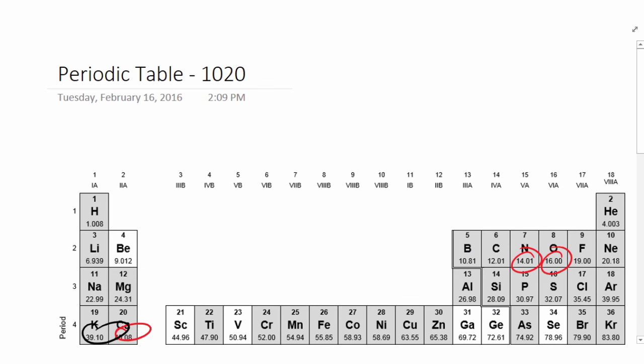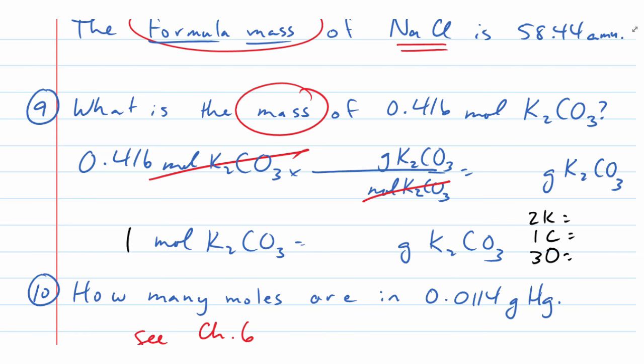And then we simply multiply these out based on their masses on the periodic table. We take the potassium, carbon, and oxygen. When we multiply these and add these on through, I have down here, was it 138.21? Okay. So now that we have these numbers, then where does this 1 go?